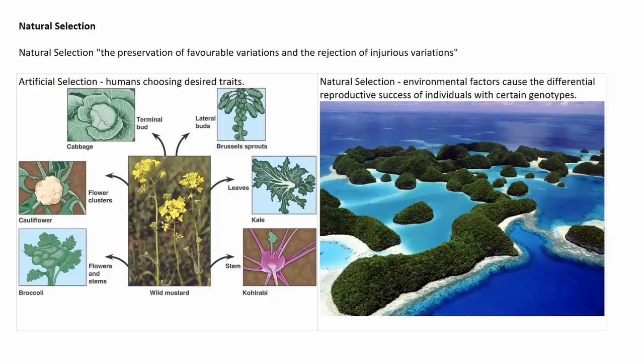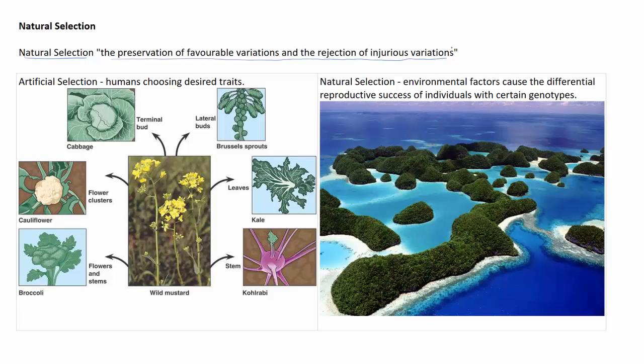So over time, environmental challenges would eliminate the more poorly equipped individuals, and gradually the population would change. And Darwin used the term natural selection to describe the preservation of favourable variations and the rejection of injurious variations.